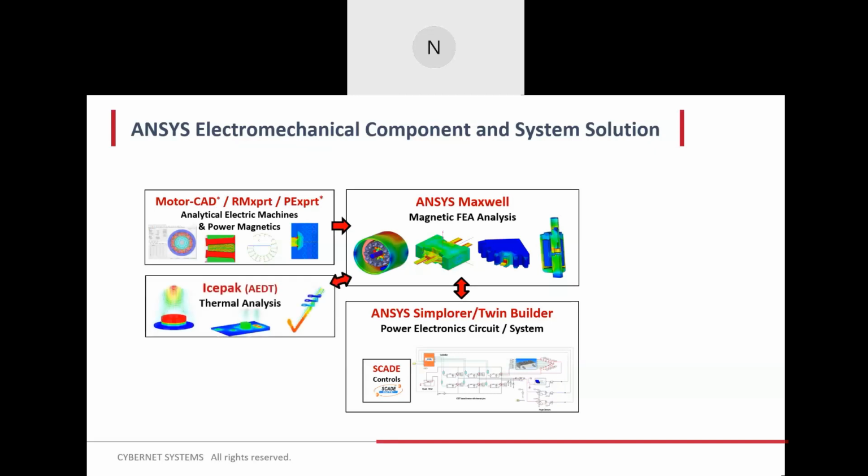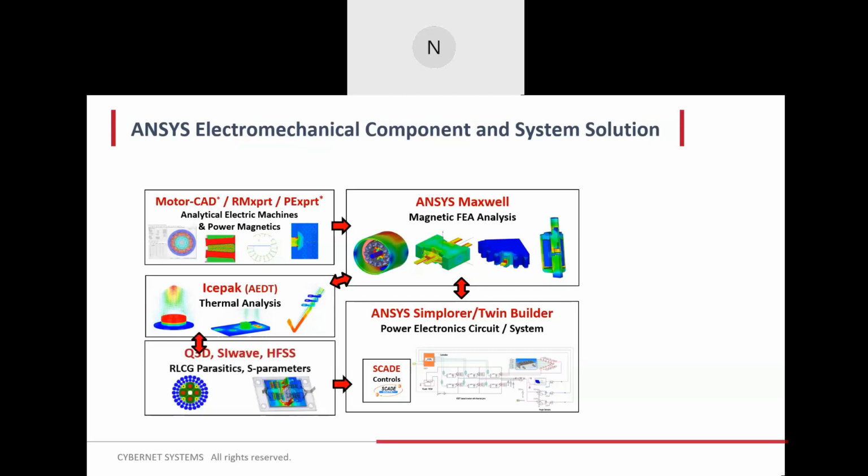And if we also want thermal analysis, we use Icepak. Those tools are on the same platform called ADT. And if you need to extract the RLCG, we use Q3D to extract the parameters, and we use SIwave and HFSS.